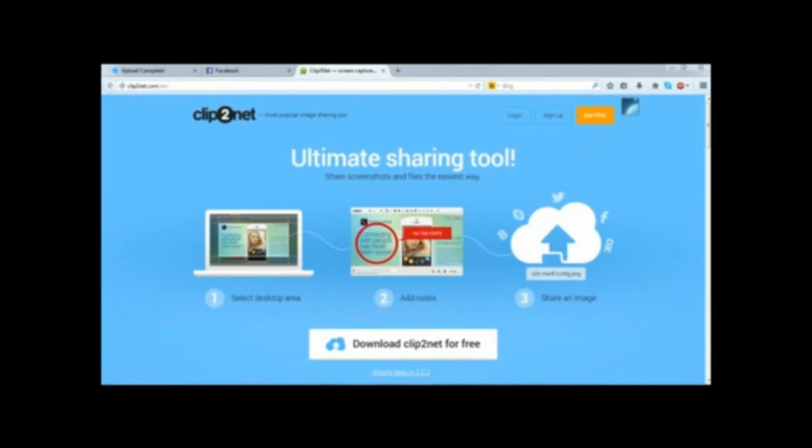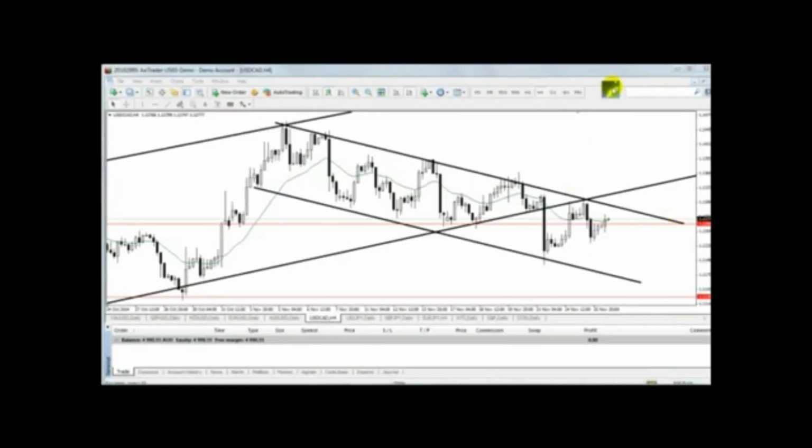Now let's say I open a chart. If I want to take a screenshot of it, I right click on the Clip2Net application, choose publish desktop area, click here, then drag the portion I want to capture.